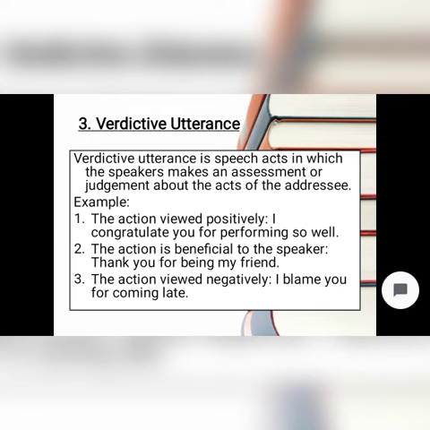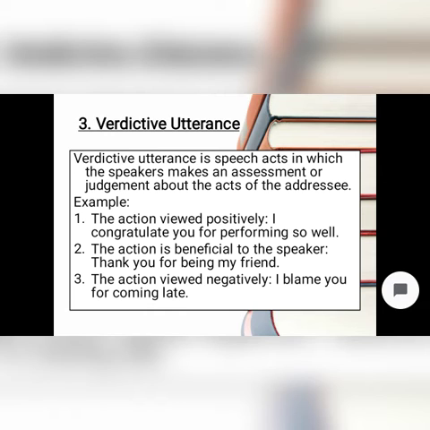Okay, next, verdictive utterance. Verdictive utterances are speech acts in which the speakers make an assessment or judgment about the acts of the addressee, including ranking, assessing, appraising, and condoning. So, for example, first, the action is viewed positively, like comment, compliment, congratulate, praise, and honor.